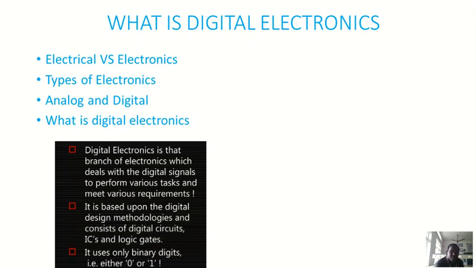Electronics is flow of electrons in the semiconductor and vacuum tubes. If the electrons are flowing in a conductor, it is called electrical, and the same electrons flowing in the semiconductor and the vacuum tubes is called electronics.